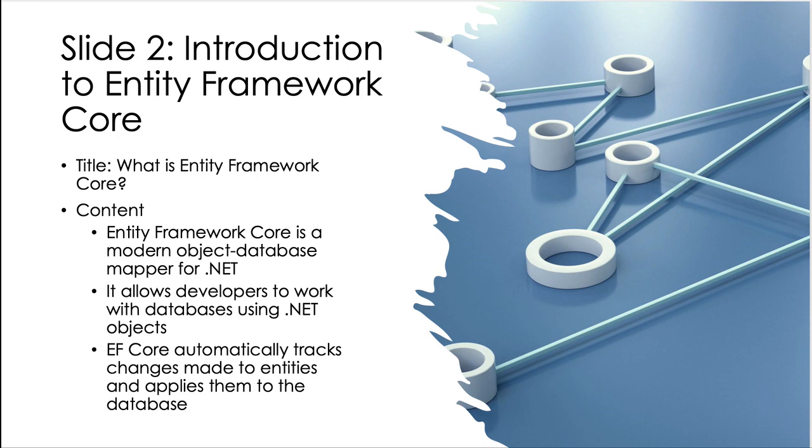EF Core does this by assigning a state to each entity, such as added, modified, deleted, or unchanged. This happens within the DbContext class, which includes a built-in change tracker that monitors the state of each entity.